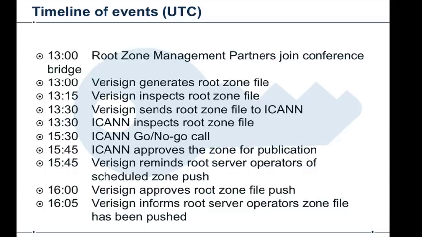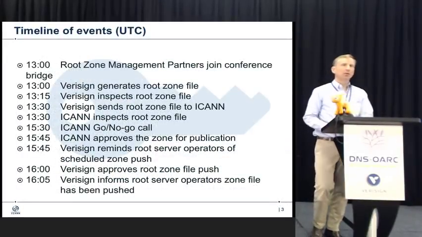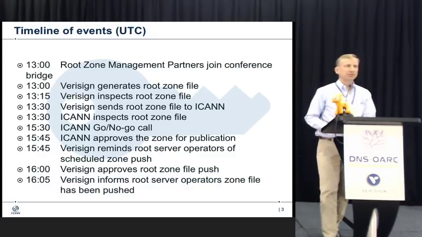Three hours in advance, we took our time. VeriSign generated the root zone file. They did their own set of tests and validations, and sent it to ICANN. We did multiple different tests and validations. Normally this is an automated action.